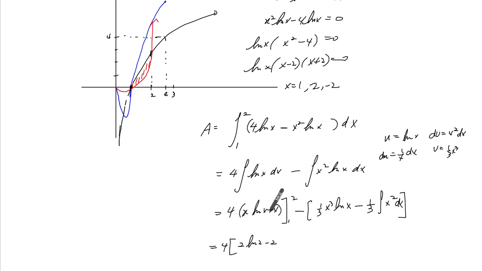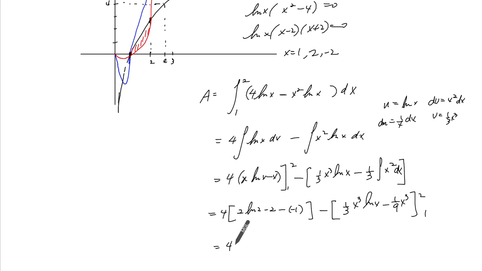Plug in 1, this becomes 0 and this becomes negative 1. So this is 1/3 x cubed ln of x minus 1/9 x cubed. Now in here we're going to plug in 2 and 1 as well. Combine these two, you get minus 1.